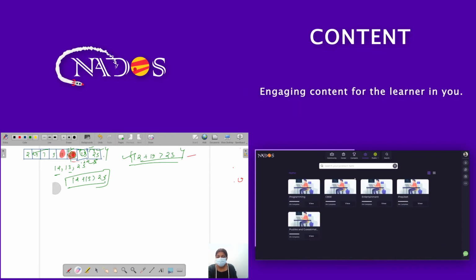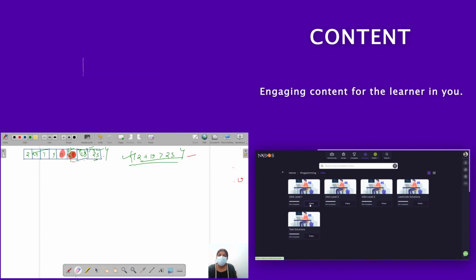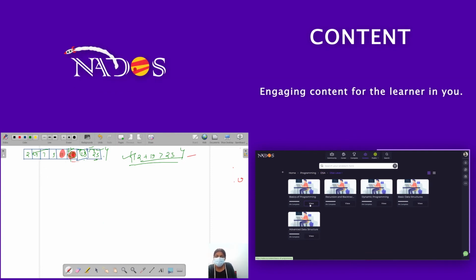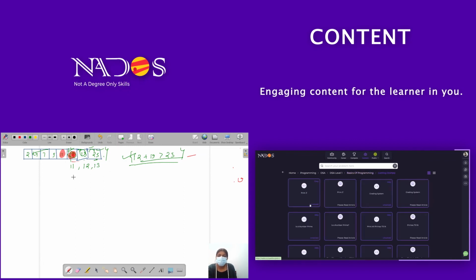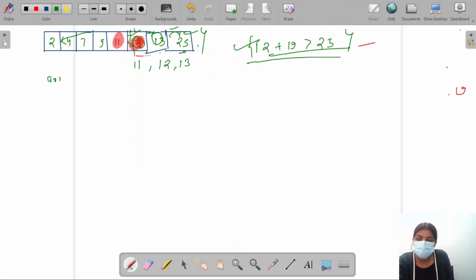So I now take another combination, let's say 11, 12 and 13. Now I check, is the sum of these two sides, that is ARR of i minus 2 plus ARR of i minus 1, greater than ARR of i?